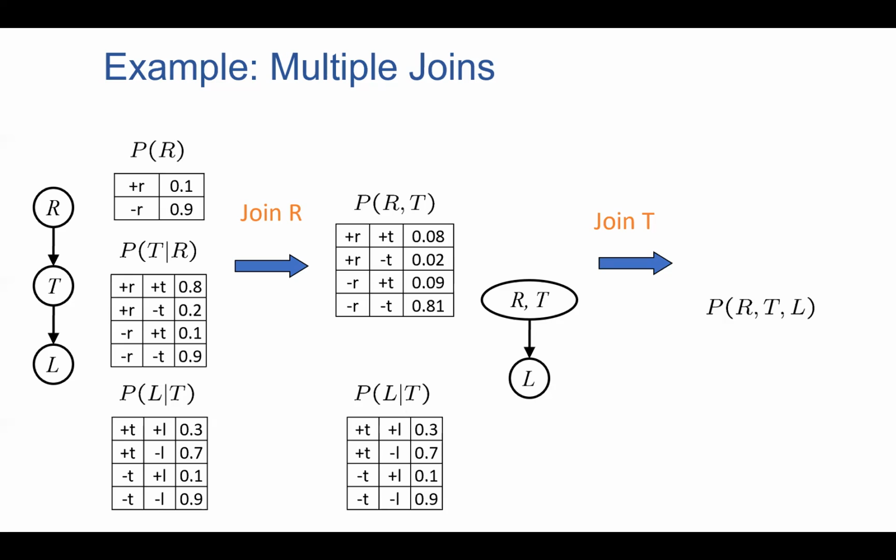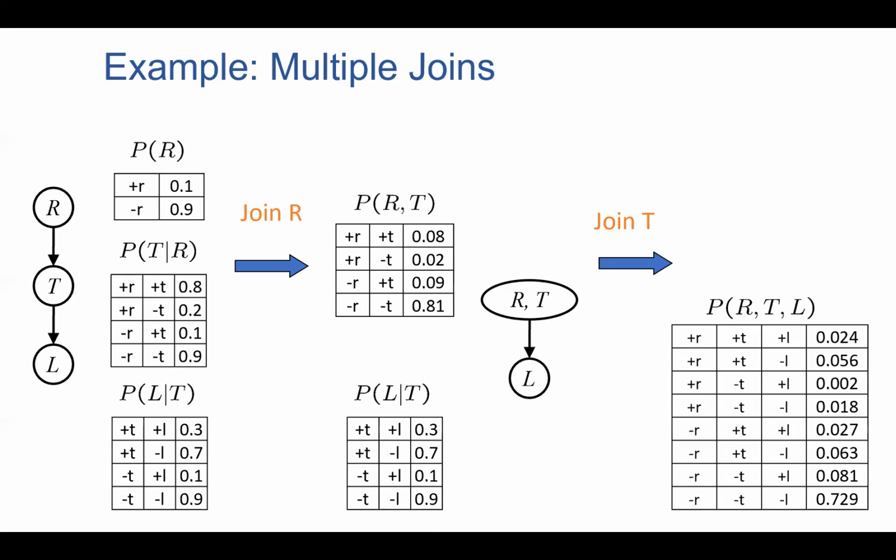So we will have R, T, and L this time, plus R, plus T, plus L. This term is coming from plus R, plus T, which is 0.08, and then plus T and plus L, which is this, 0.08 times 0.3, which is 0.024. Just look at the consistent entries, that's it, consistent rows.